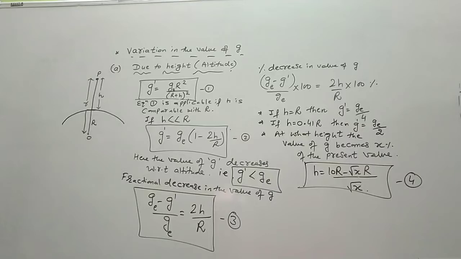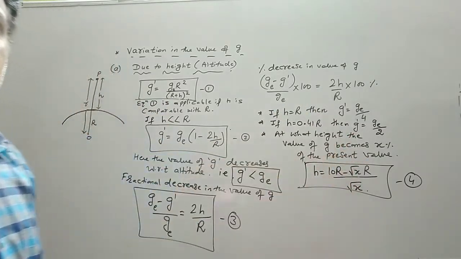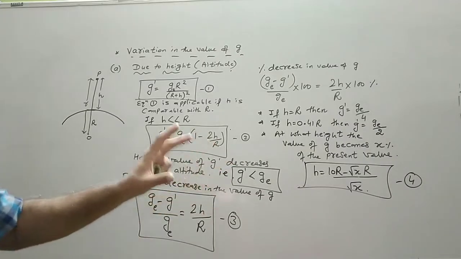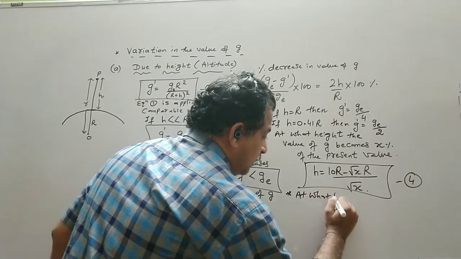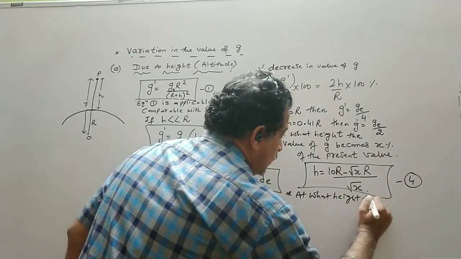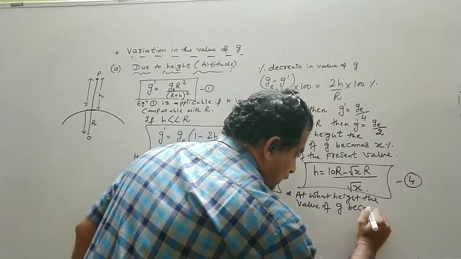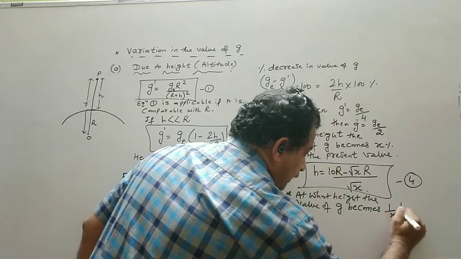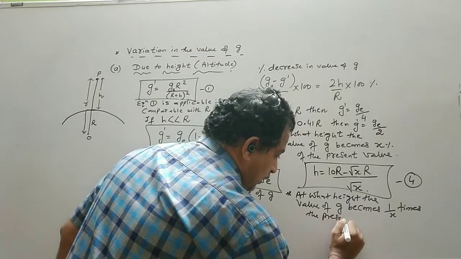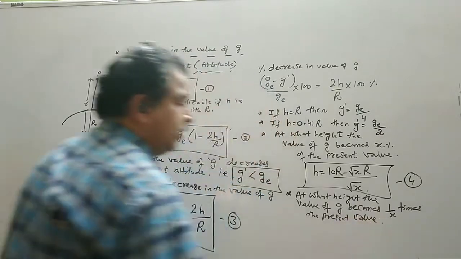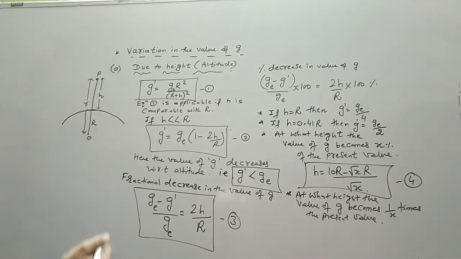Now the opposite of this, where the value becomes 1 upon x times. Now not a percentage. At what height the value of G becomes 1 upon x times the present value.